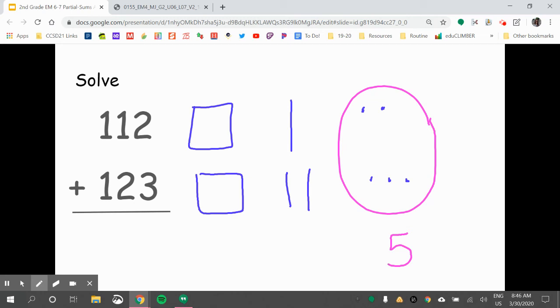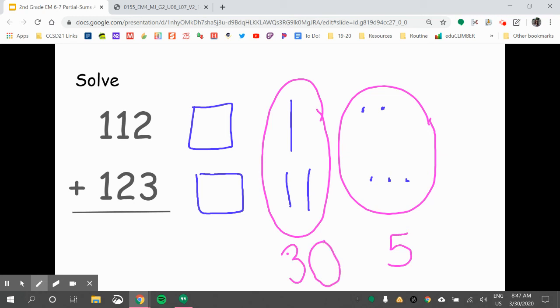Now I'm ready to move on to my tens. 1, 2, 3, 3 tens, that is equal to 30. And now with a 3-digit number, it's the same as with a 2-digit number. I'm just needing to collect an extra set of blocks. So I'm going to collect my hundreds. I have 2 flats. 2 flats is equal to 200.